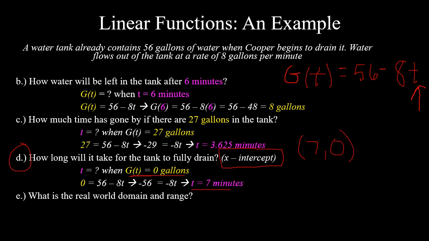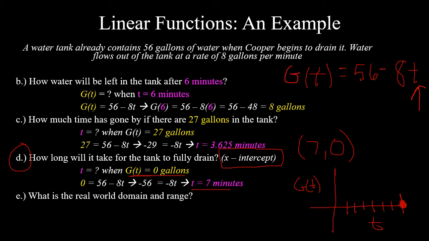Okay, if we graph that, 1, 2, 3, 4, 5, 6, 7. Okay, that brings us here. So this is our time, how much time has passed, and then these are how many gallons of water we have. So that is indeed our x-intercept. We just found our x-intercept here, okay?